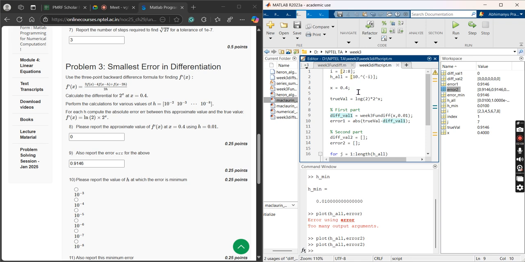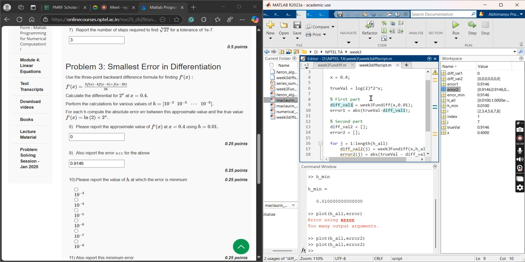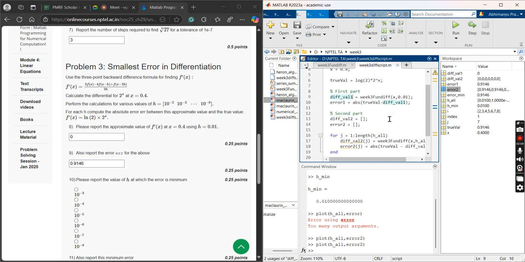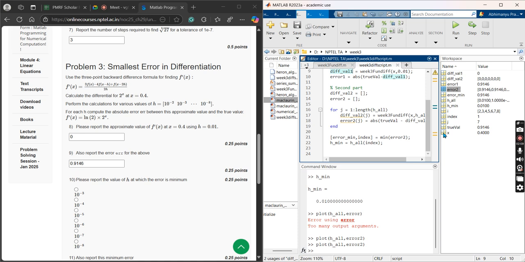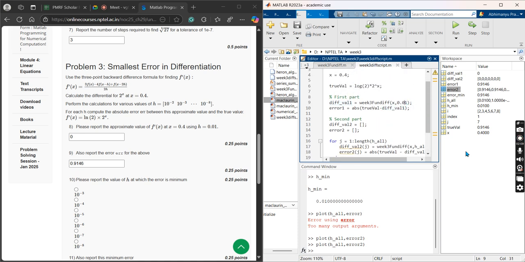X is 0.4. True val is log 2 into 2 to the power 0.4. Okay, why am I getting the same value every time?